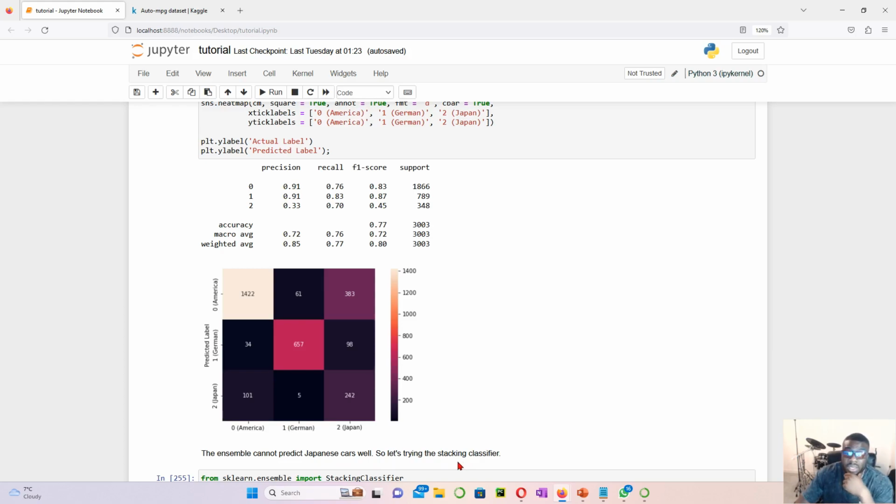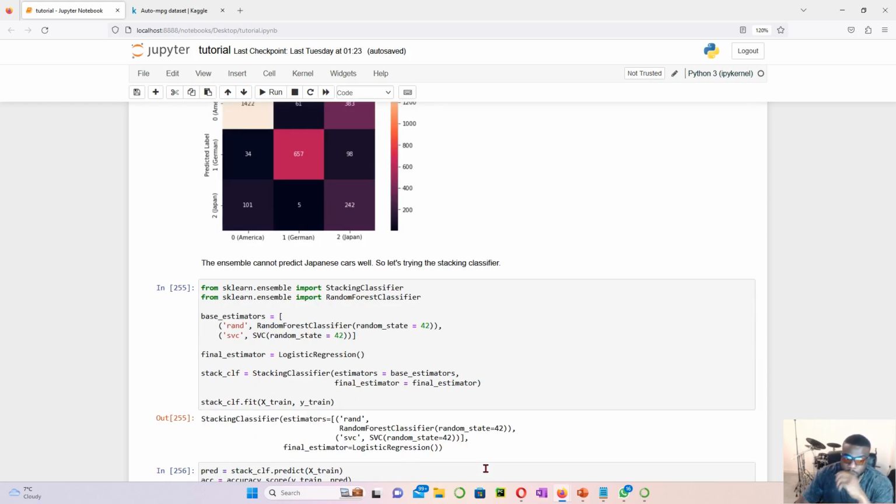So I'm going to try another ensemble, which is called a stacking classifier. And what a stacking classifier does is that it has some base models, and then the outputs of those base models are used as the input into the final model, right?